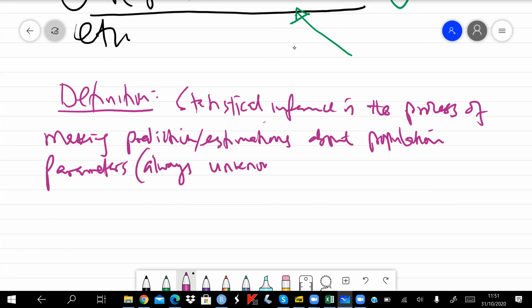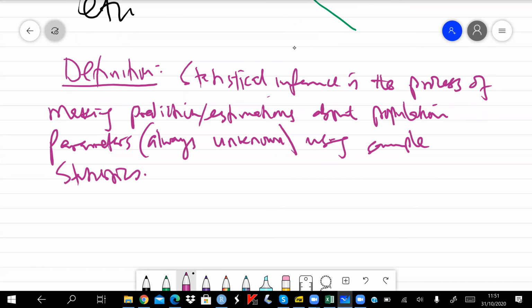Population parameters are always unknown. That's why we are estimating them using sample statistics, or using summary values obtained from or calculated from samples.